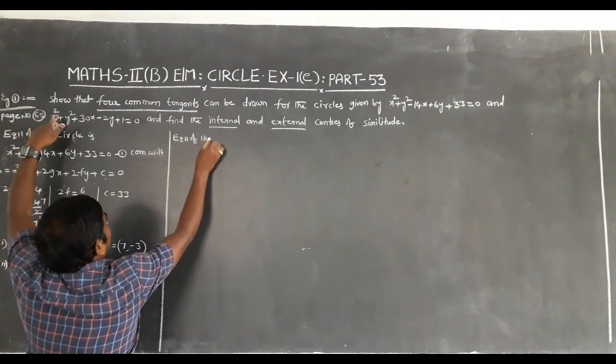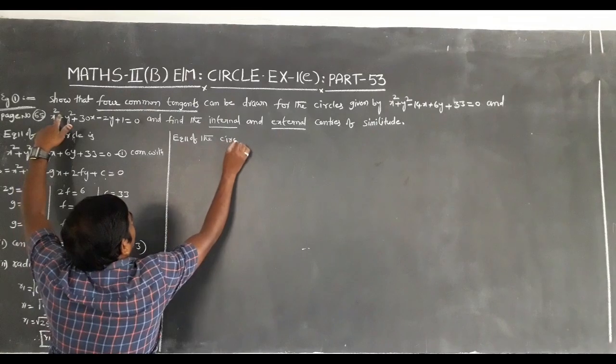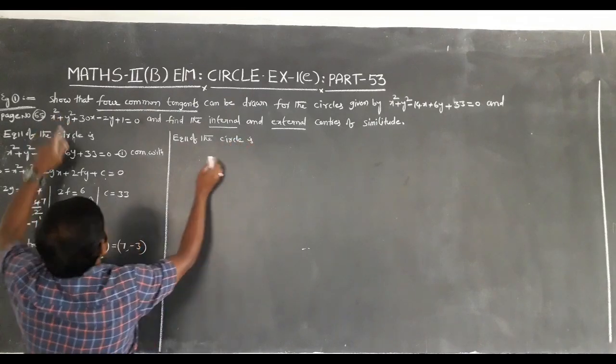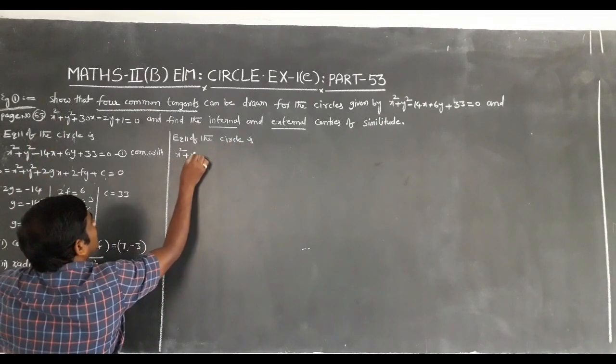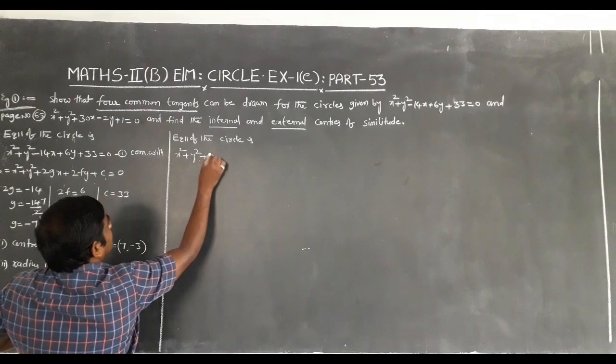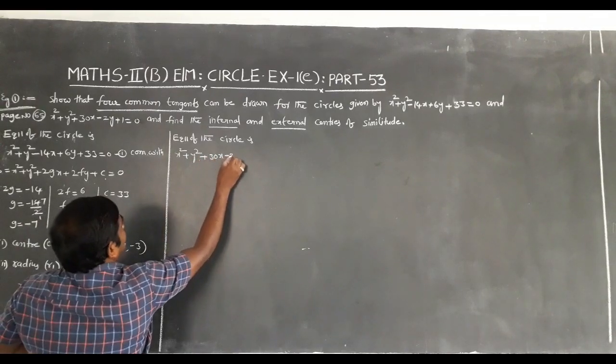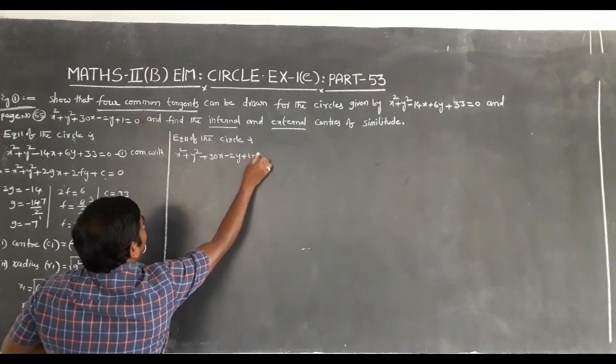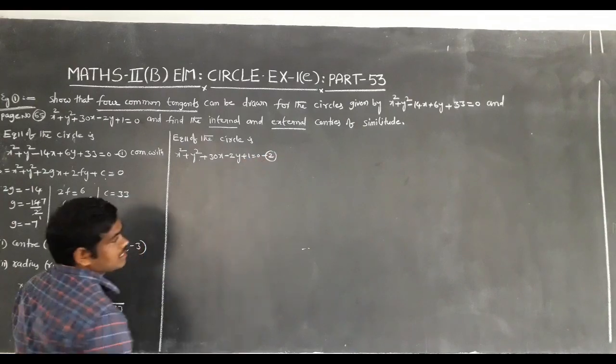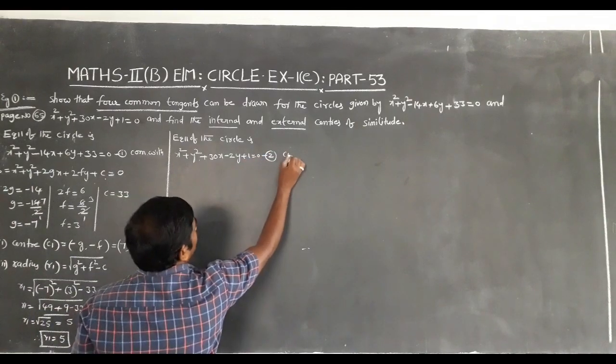The equation of the second circle is x square plus y square plus 30x minus 2y plus 1 is equal to 0.